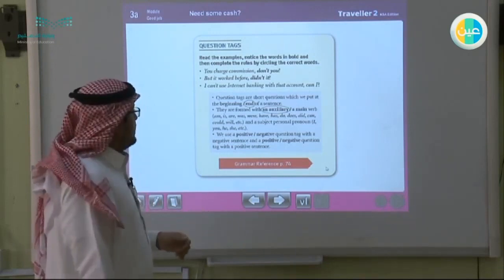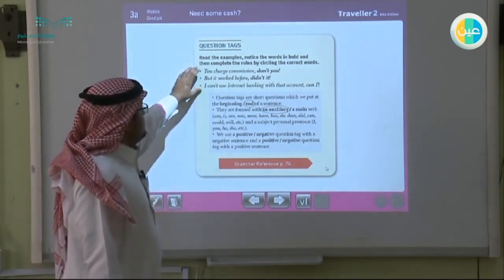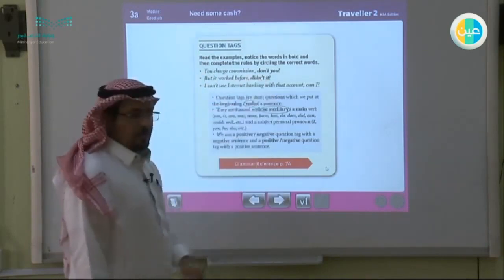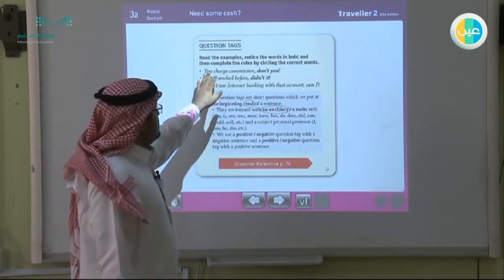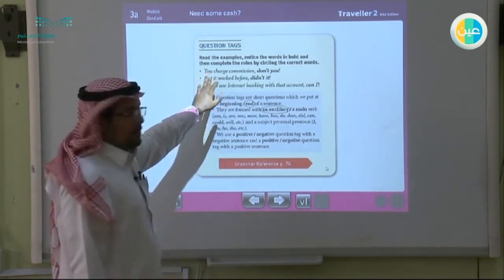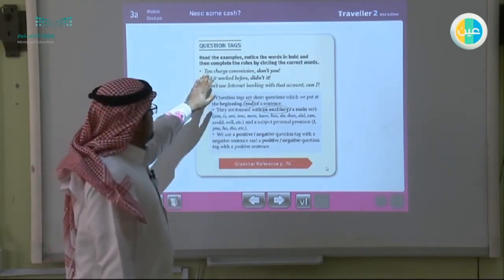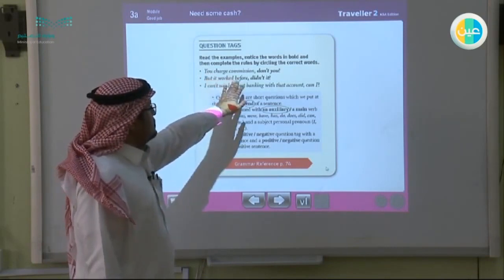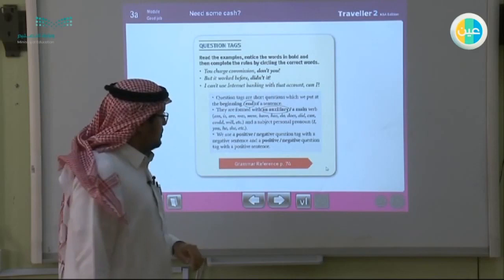Let's go back to the previous examples. We have 2 negative question tags. Let's look at the sentence. Is it positive or negative? The first and second ones are positive sentences, so we used a negative question tag.